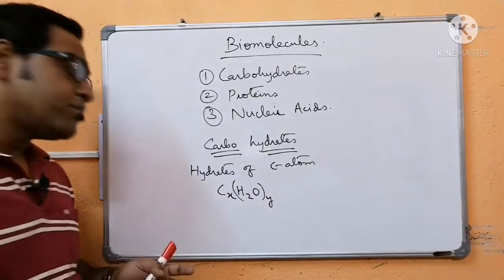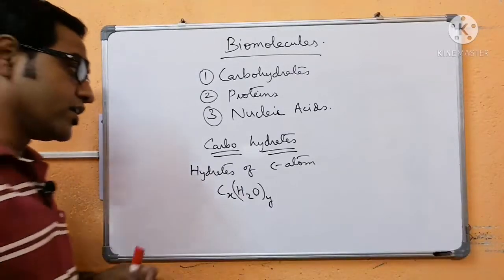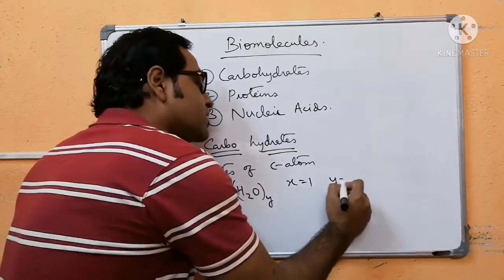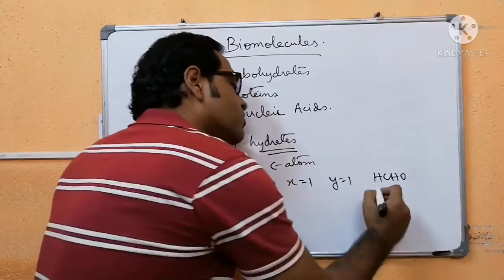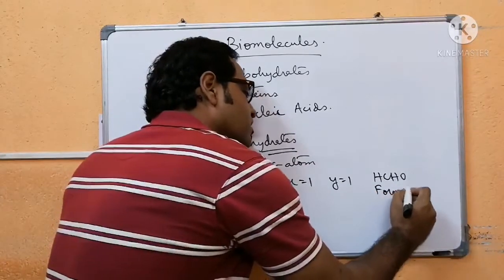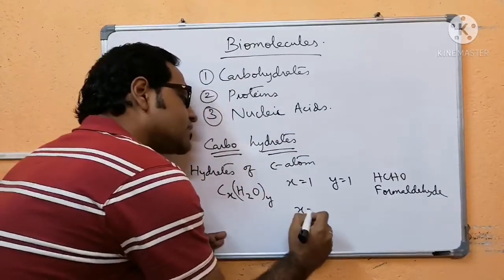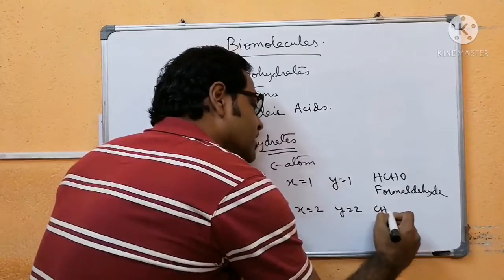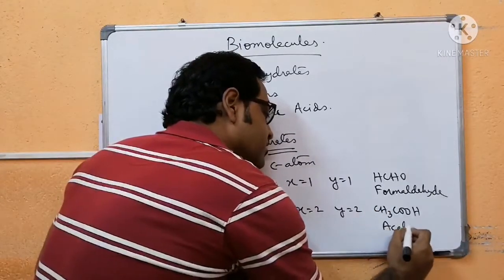Now there are many compounds which fit in this general formula, but still they are not carbohydrates. For example, when x is equal to 1 and y is equal to 1, we get HCHO, which is formaldehyde. When x is equal to 2 and y is equal to 2, we get CH3COOH, which is acetic acid.